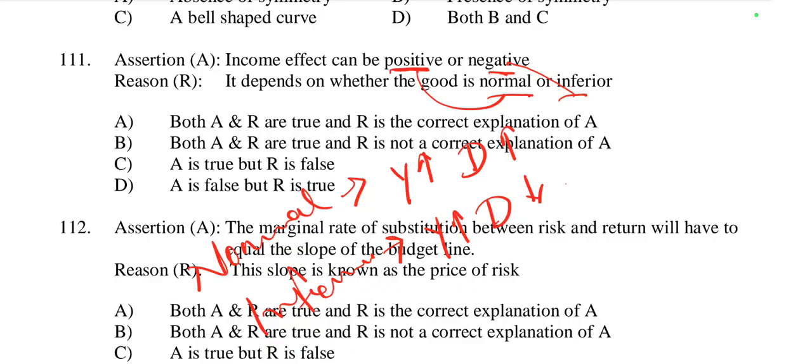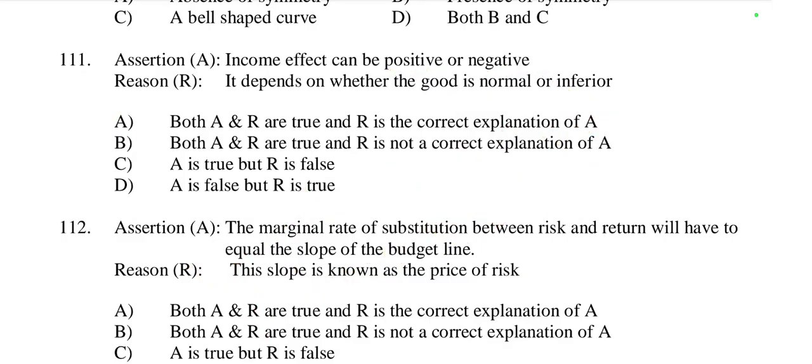So it is negative. But in normal good, when income increases, demand for the product also increases. It is called positive effect. So income effect can be positive or negative. It depends on whether the good is normal or inferior. So both A and R are true, and R is the correct explanation of A. So here the right option is option number A.